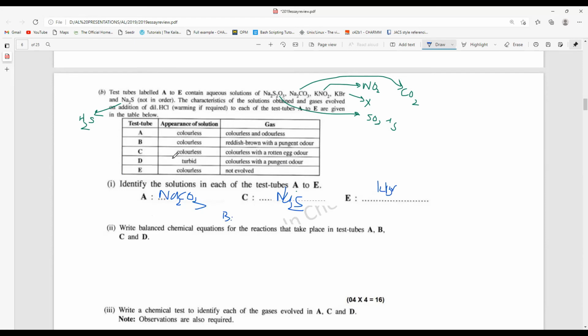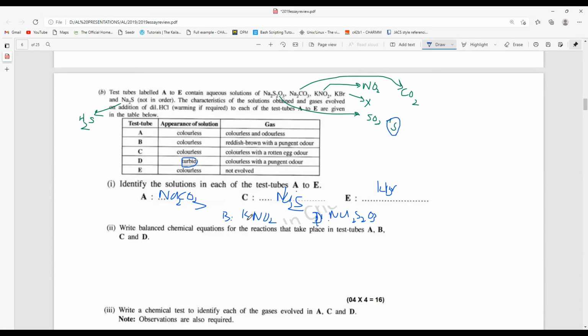So B is reddish brown with pungent odor. So what is the reddish brown gas? NO2. So the next one is KNO2. And D, you see here D, it is turbid. Why is it turbid? Because of the formation of sulfur. So this is Na2S2O3 for solution D.